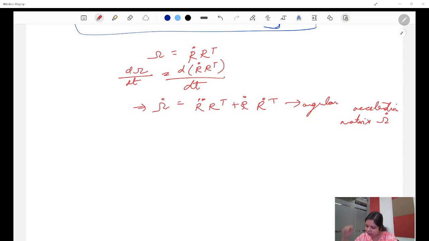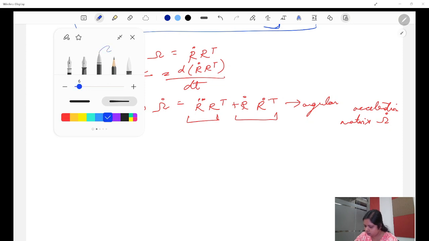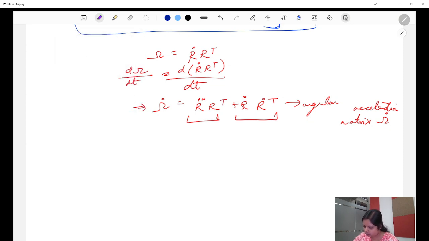There is some meaning associated with both of these terms. I think I should tell you. The first term represents the change in angular velocity over time.